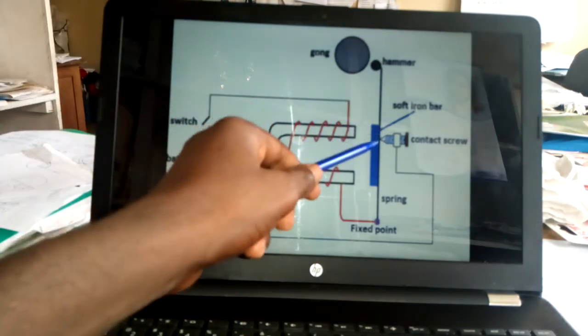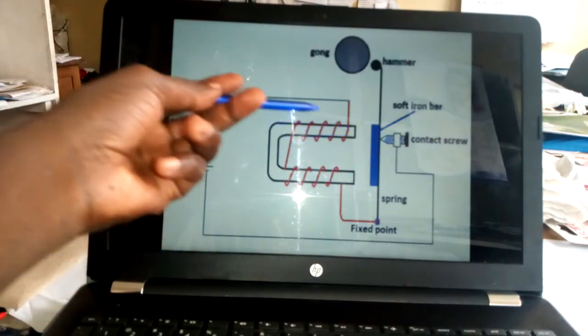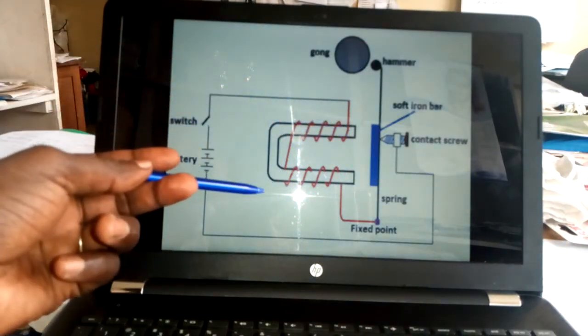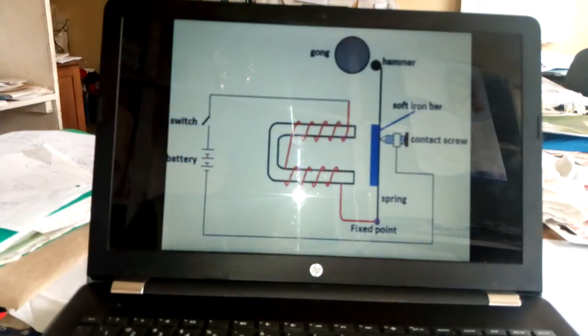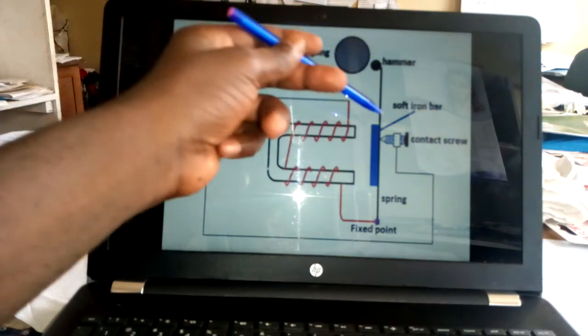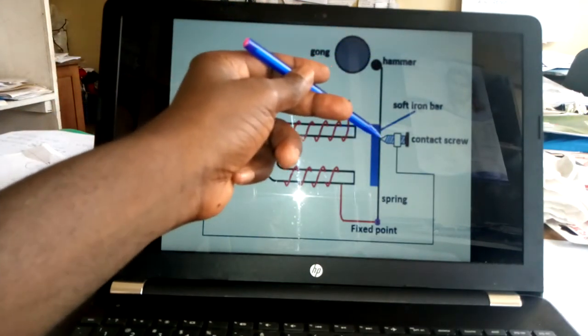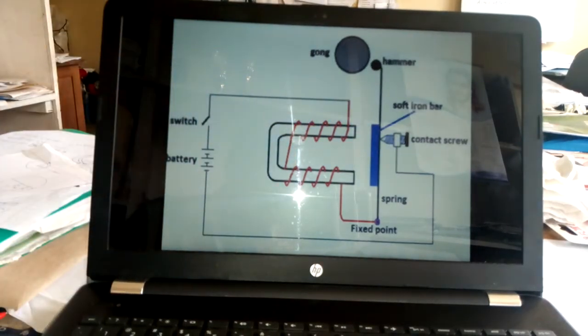When the contact is broken, the circuit is incomplete. This is the part that completed the circuit. So when the hammer comes this side, it leaves a space. So the circuit is incomplete.